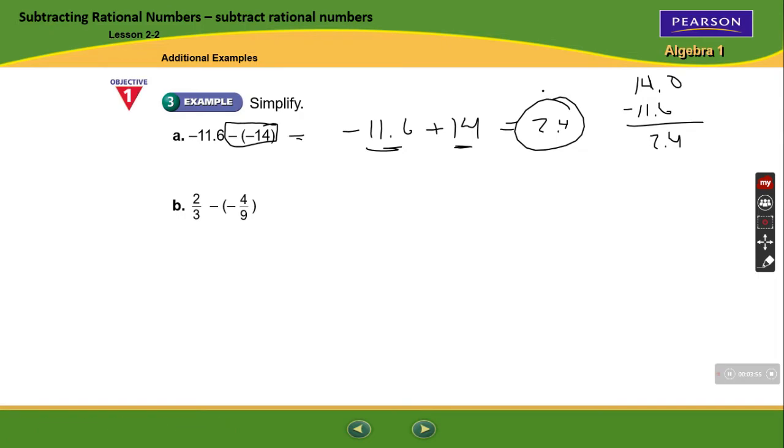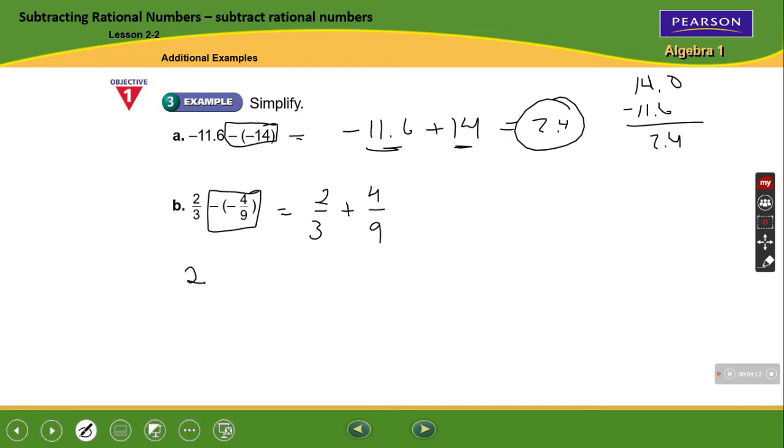2/3 minus -4/9. So the first thing we should know already at this point is that that's the same as 2/3 plus +4/9, because I'm subtracting a negative number. So after that, I got to add these 2 things. So I got to change 2/3 so that the denominator is 9. Well, how do I get from 3 to 9?